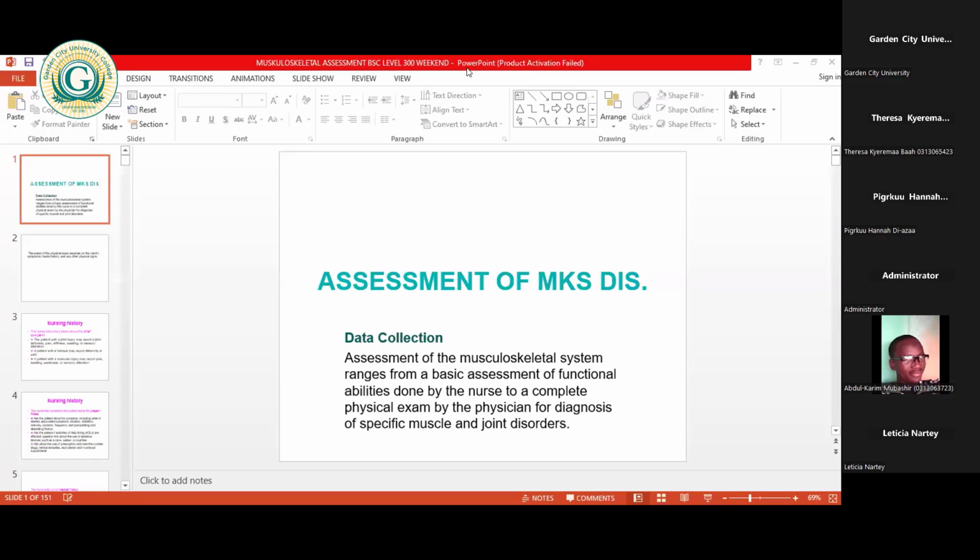Prince Brobe asks, does the book have past questions? Yeah, every standard textbook has questions behind it, not past questions, just questions for you to try and test your understanding.